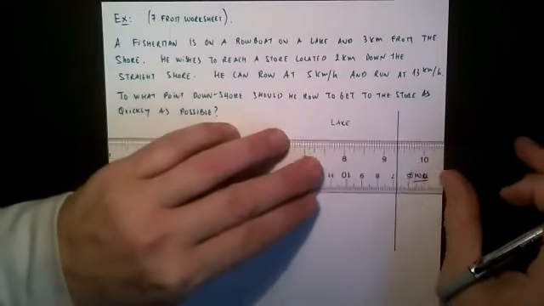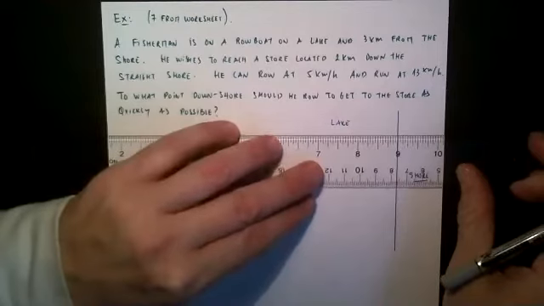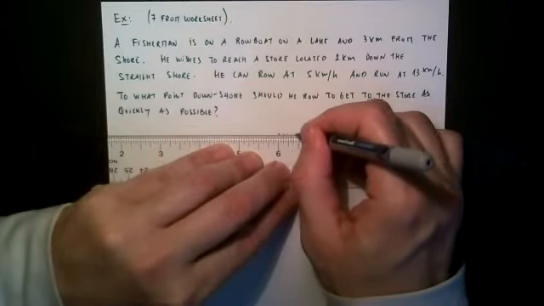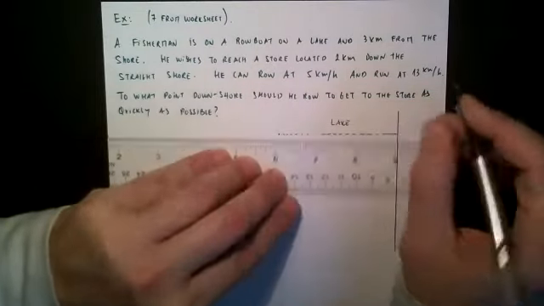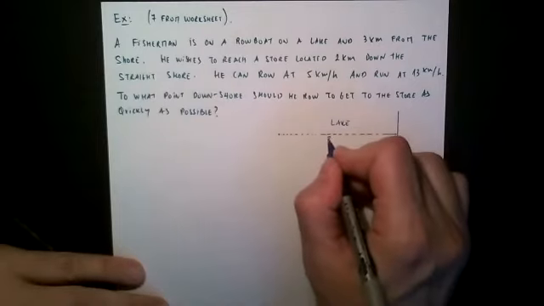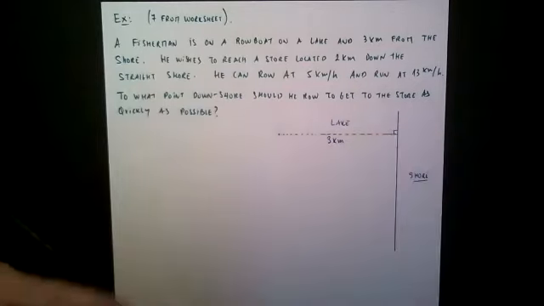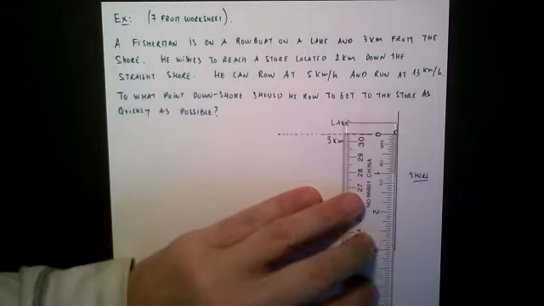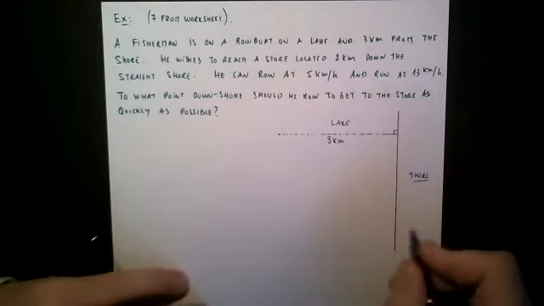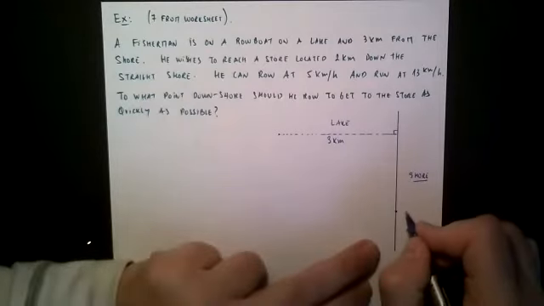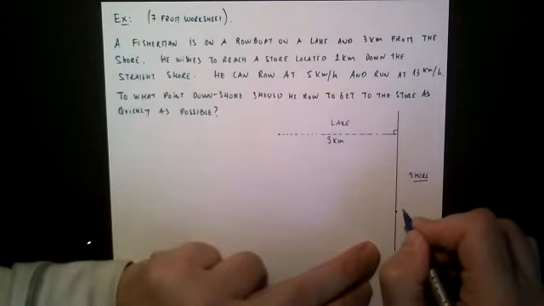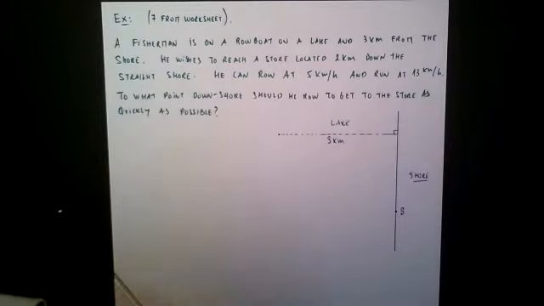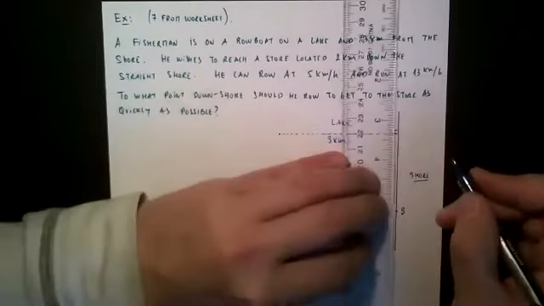And now he's located 3 kilometers away from the lake. So he's about here. This is 3 kilometers straight 90 degrees from the lake. Okay, and the store, of course, is 2 kilometers down shore. So right here, down the straight shore here, this is the store. I'm going to call it, I don't know, store S, point S for store. Okay, so far so good. So this is, of course, 2 kilometers.